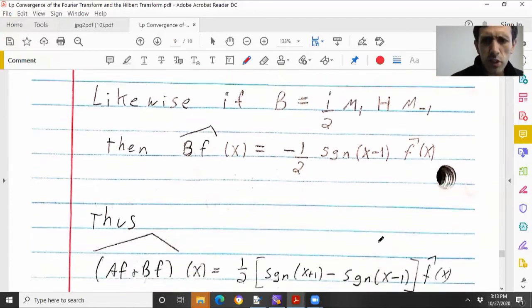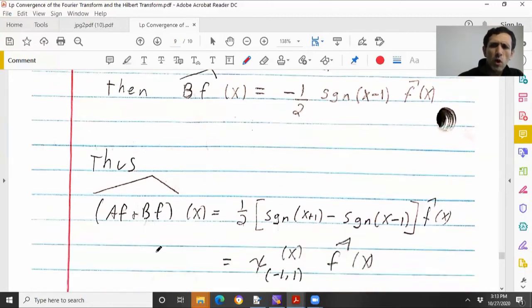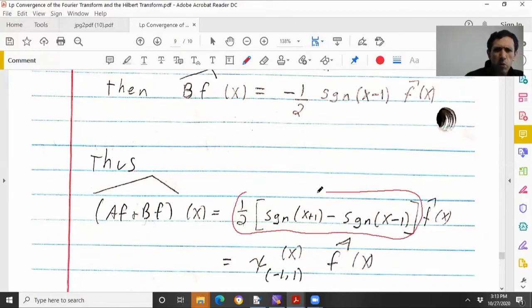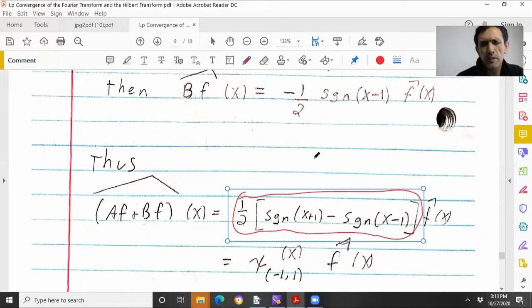So the conclusion here is that if we take A plus B, apply it to f, take the Fourier transform, well, we get this here, and you can check pointwise that this is exactly going to be the characteristic function of this interval here.